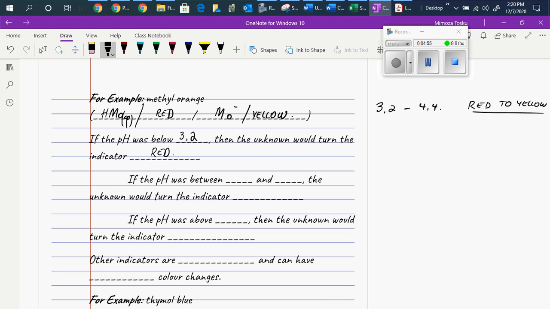If the pH is between 3.2 and 4.4, then the solution with methyl orange will turn orange. Why? Because between red and yellow is orange. And if the pH is above 4.4, then it will turn yellow.